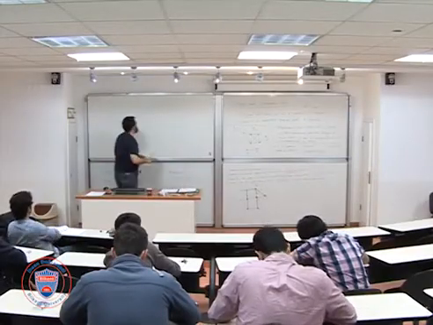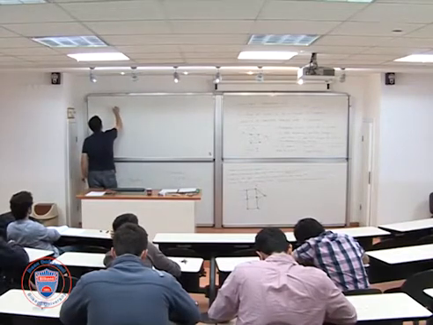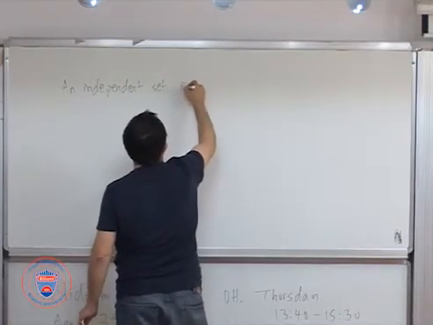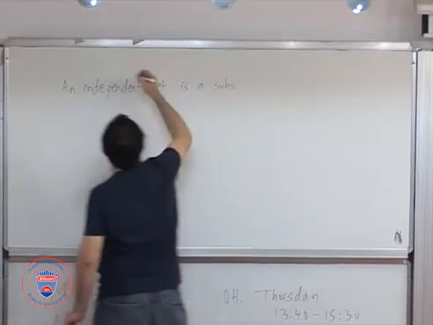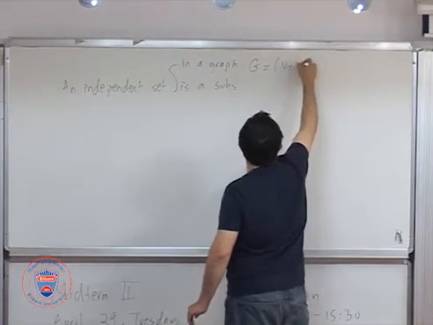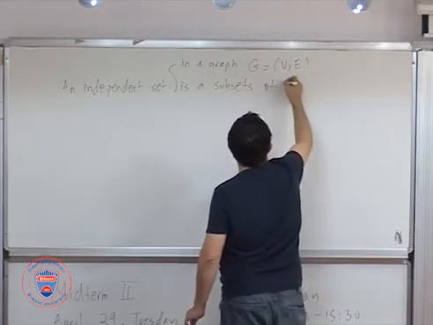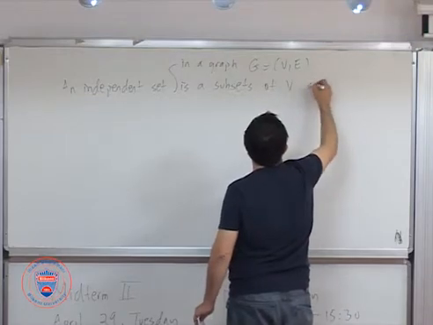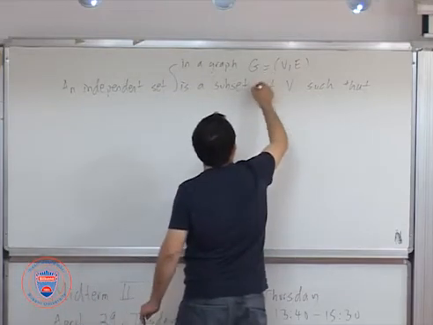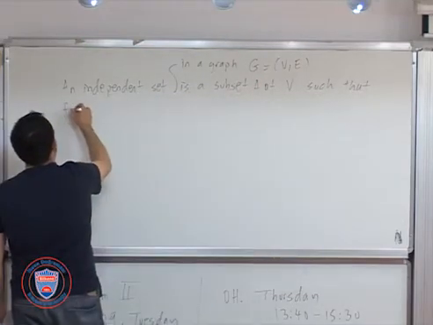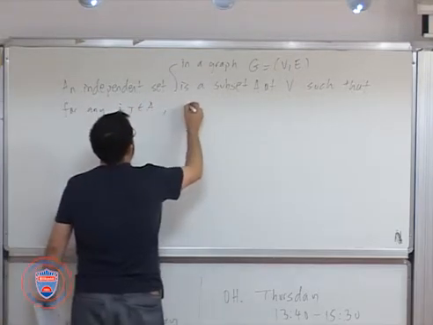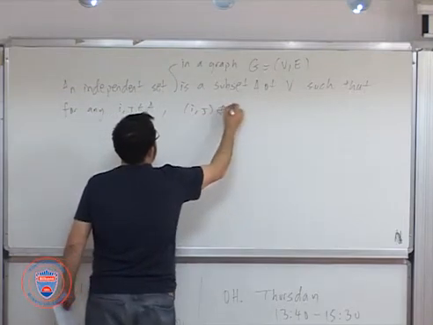The other notion is independent set. An independent set is a subset, say A, of the vertex set of a graph G such that for any i, j inside the subset, ij is not an edge.